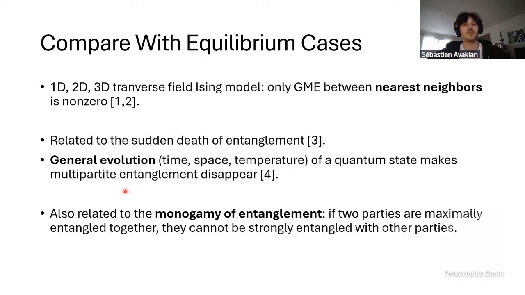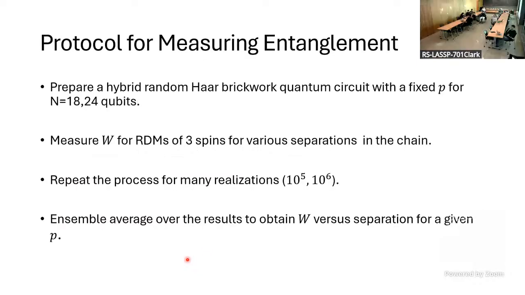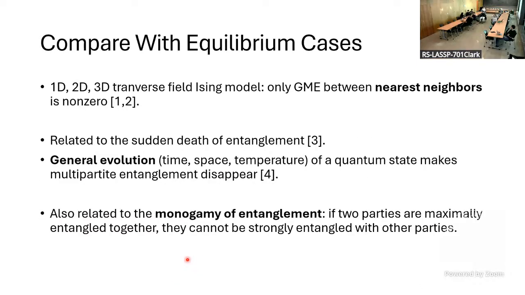Under general conditions, if you do a quench, or separate sites, or increase the temperature, multipartite entanglement can disappear entirely. Lastly, it's related to the monogamy of entanglement: if I have 2 parties that are maximally entangled with one another, roughly speaking, I cannot have them be strongly entangled with a third. They can't be entangled at all with any other.